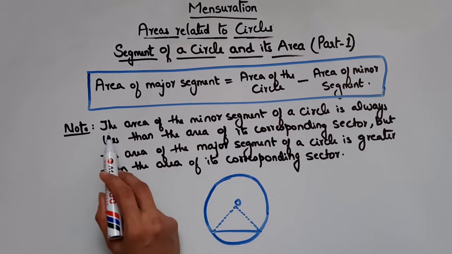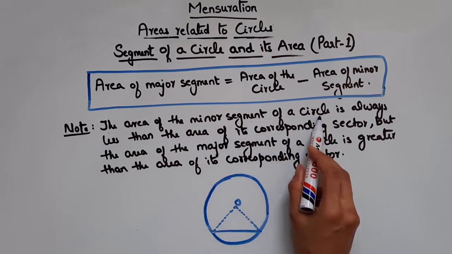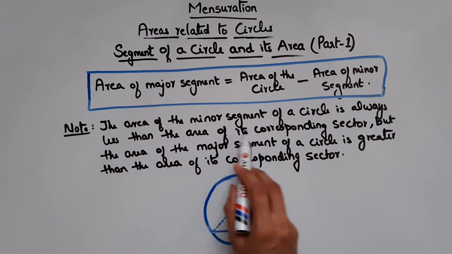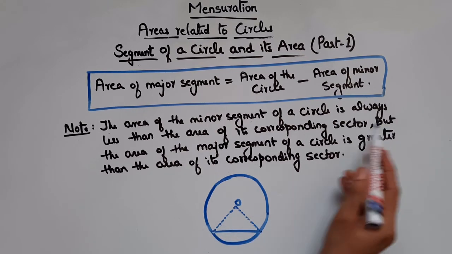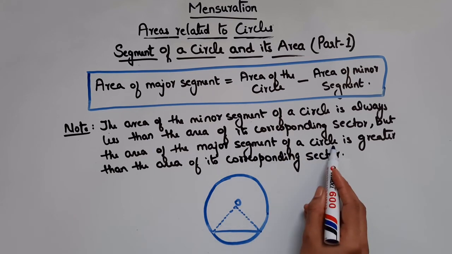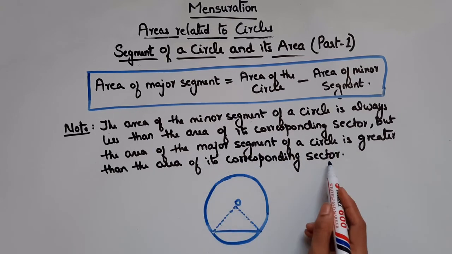Here it says the area of the minor segment of a circle is always less than the area of its corresponding sector, which means here the minor segment is this. So this area is always less than its corresponding sector, this whole sector, right? But the area of the major segment of a circle is greater than the area of its corresponding sector.